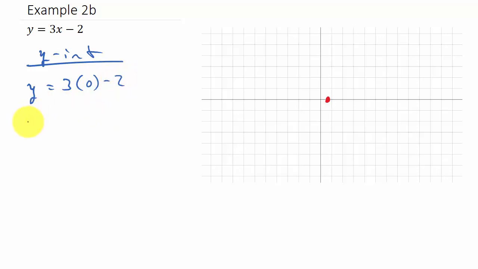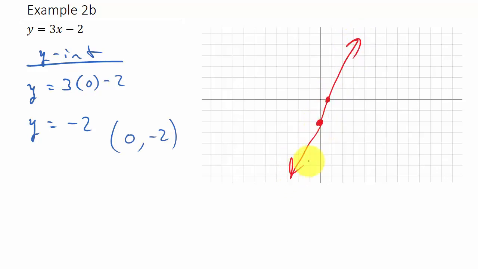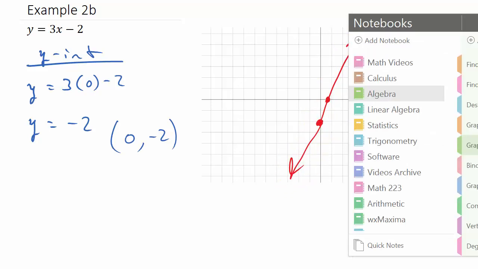And so that's going to give me y equals -2. So that gives me the point, well, x was 0, y is -2. And so if I plot that point, 0, and then go down 1, 2, and there's your line. Alright, let's look at the next one.